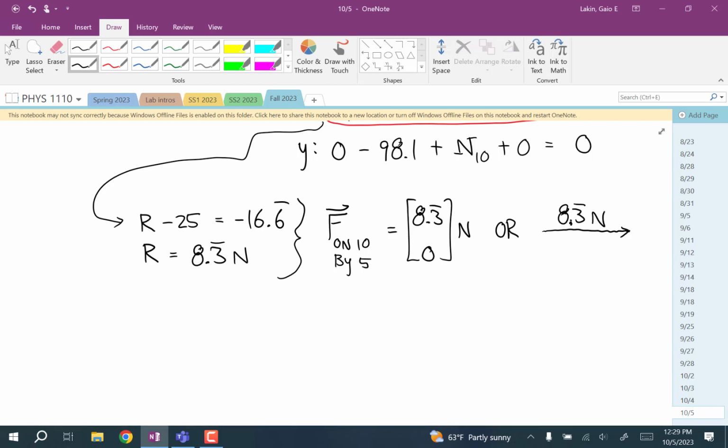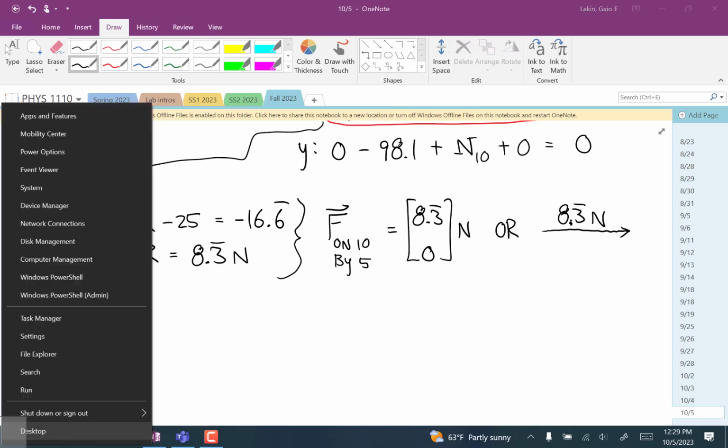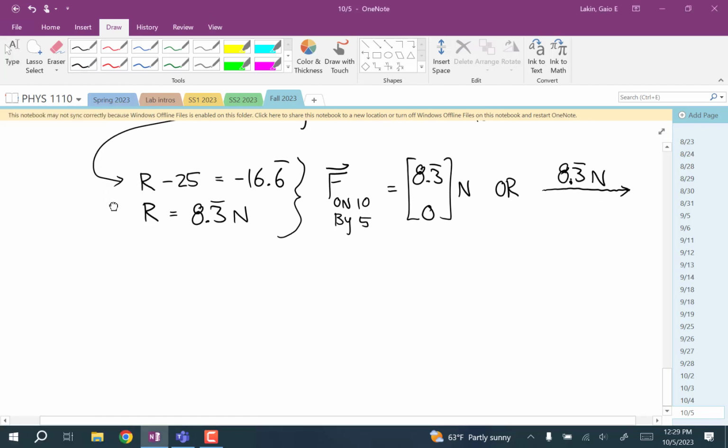Okay, well, that's the force on the 10 by the 5. But we know that when we're going between two bodies that are in contact, the force they feel has the same magnitude. We use that same variable. The only thing that changes is the direction is opposite.